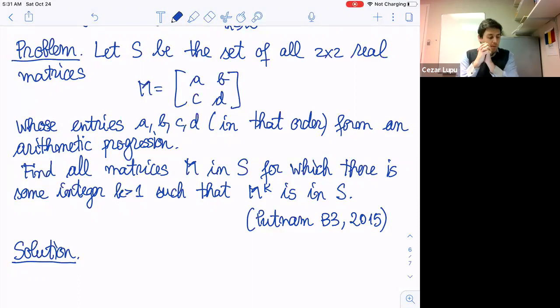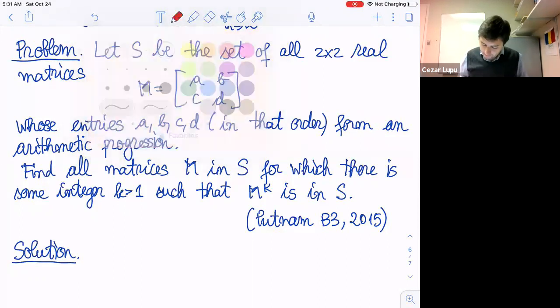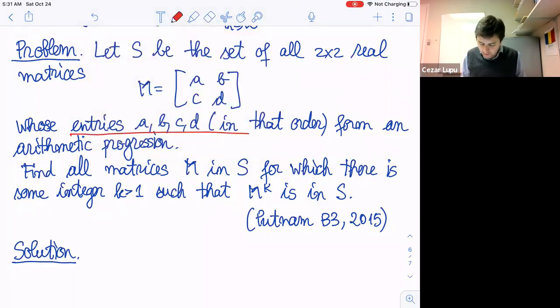All right, so how should we approach this problem? Well, we have a very important piece of information, and that is the fact that these entries form an arithmetic progression, and this is very important.